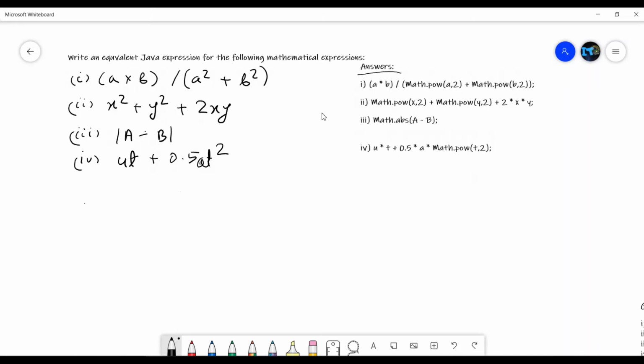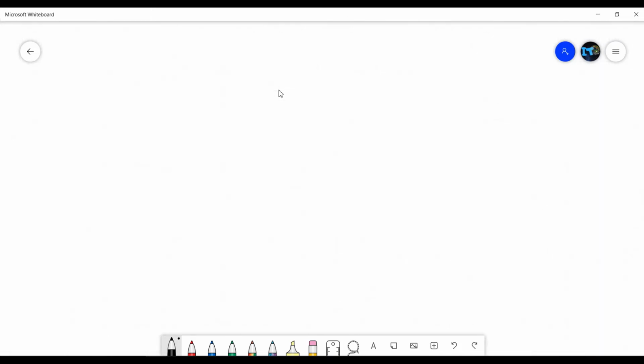Let's say, find the largest number from the given numbers. So you have to use the Math.max method here.